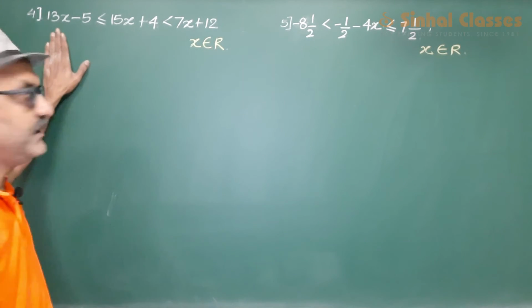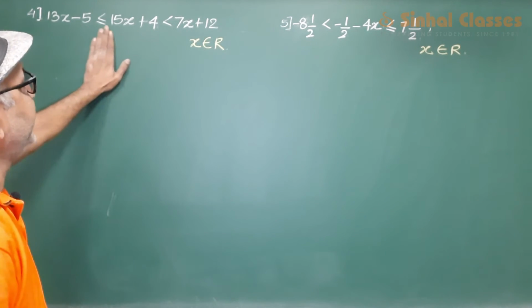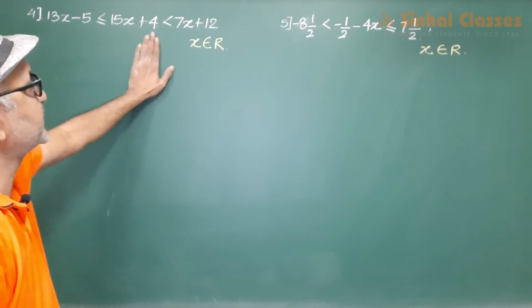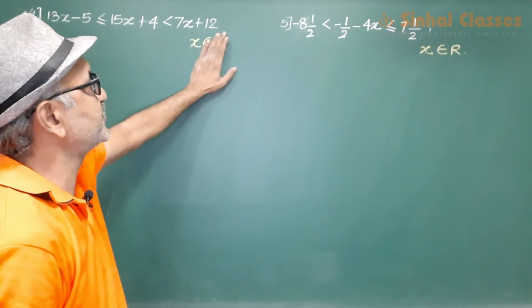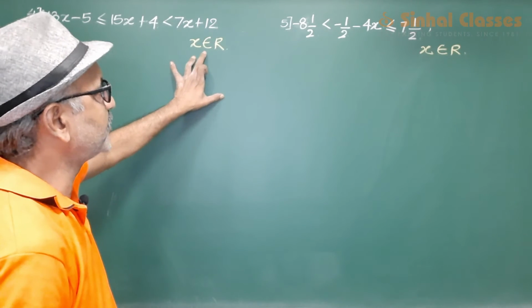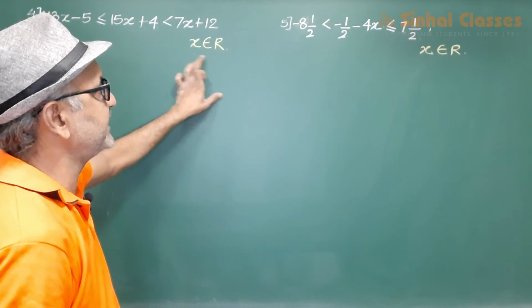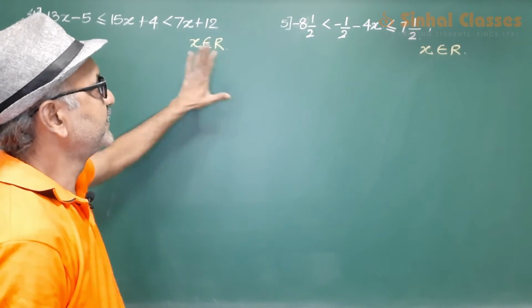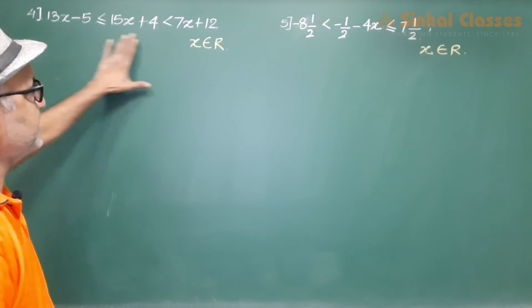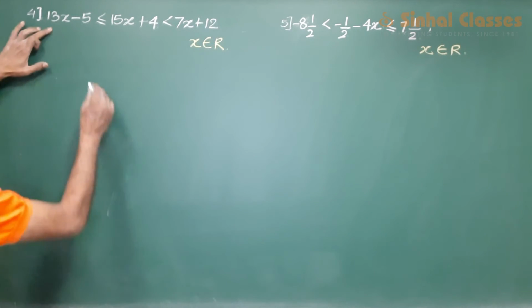This is the first question. 13x minus 5 lesser than or equal to 15x plus 4 lesser than 7x plus 12. X belongs to real numbers. The replacement set is that of real numbers. So now let us start by solving the inequation first.